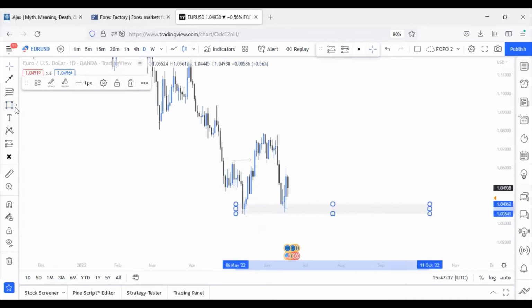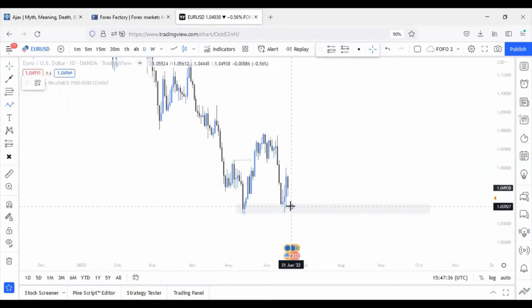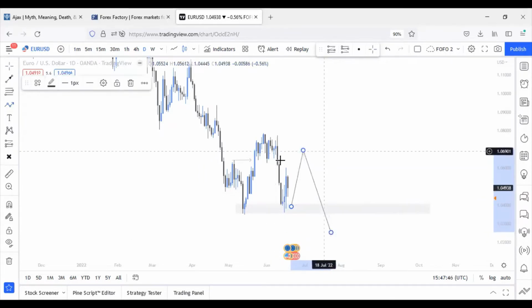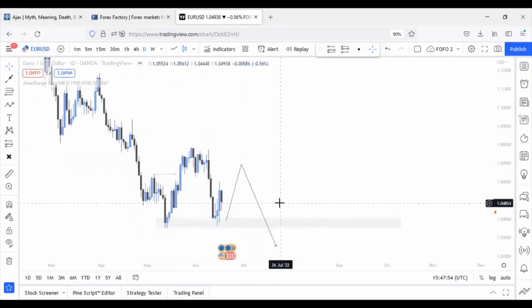So potentially what I'm looking for from the Euro USD is for it to buy potentially into this zone and mitigate, and then we could see a continuation to the downside, creating newer lower lows. So that's pretty much it for the Euro USD.